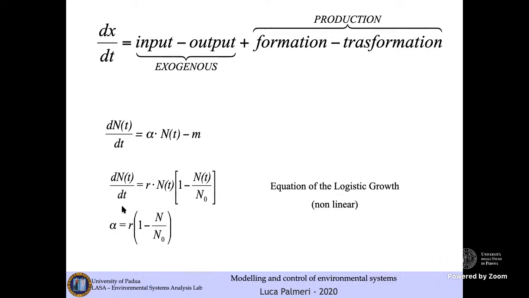In this way, we may write that the variation in time of the number of bacteria at time t is equal to a constant R, typically the intrinsic growth rate of a population, multiplied by N(t), and I'm here making the growth rate dependent on the number of bacteria itself by a square function, by explicating the intrinsic growth rate alpha as a function of the number of elements divided by a limit number that is called the carrying capacity of the system.